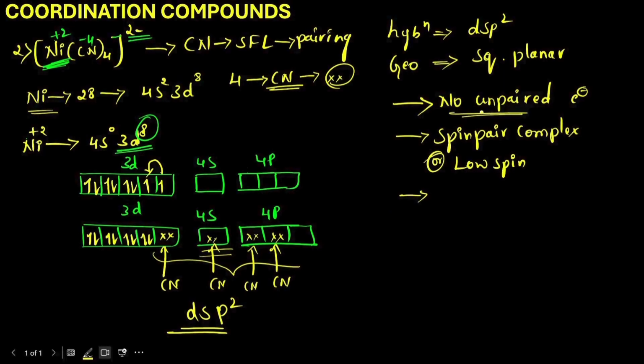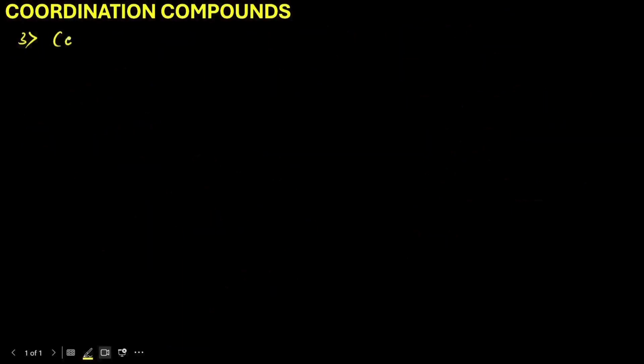And there is no unpaired electron, therefore it is diamagnetic in nature. And it is a colorless compound. If you calculate the magnetic moment mu, that will be equal to 0 because we have no unpaired electrons. Okay, next we will take another example, that is [Co(CN)6].